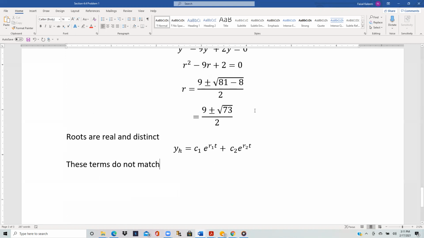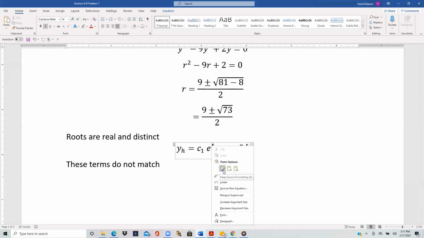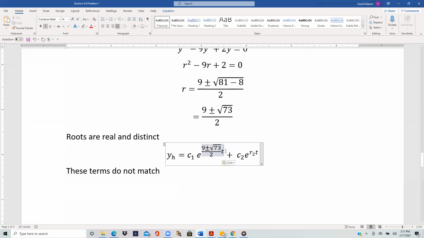Now, if you were actually solving the equation, you would substitute r1 as 9 plus square root 73 by 2, and r2 equals 9 minus square root 73 by 2. So, in fact, let me just show you that. So we have 9 plus, this one should be x and not a t. So 9 plus square root 73 by 2, and then the other one will be 9 minus square root 73 by 2.